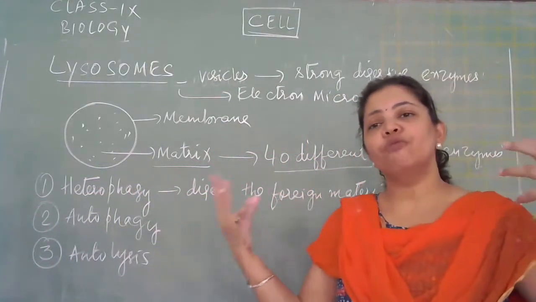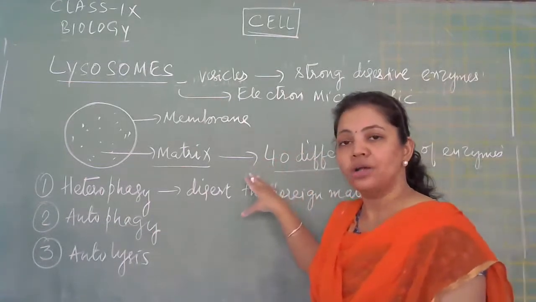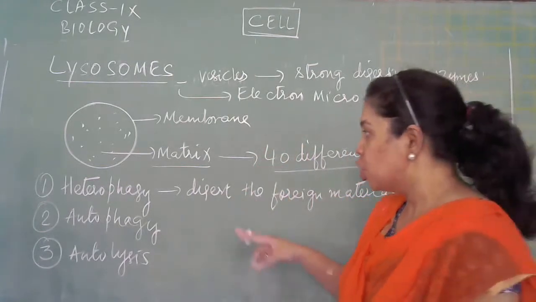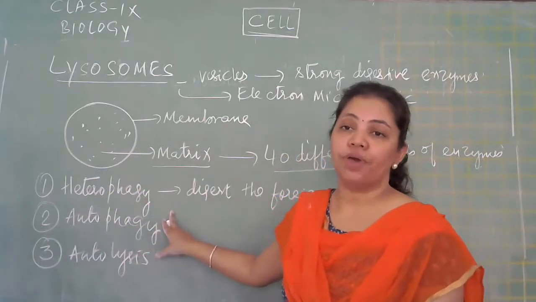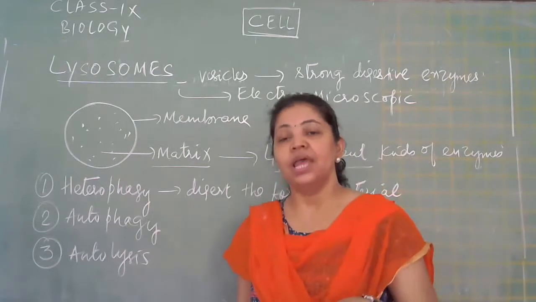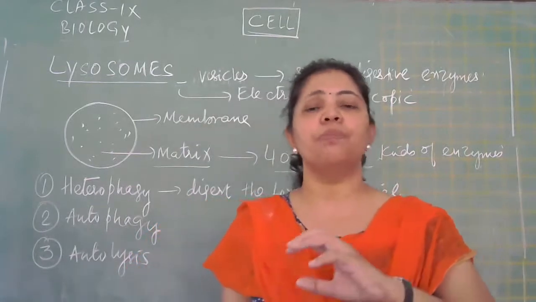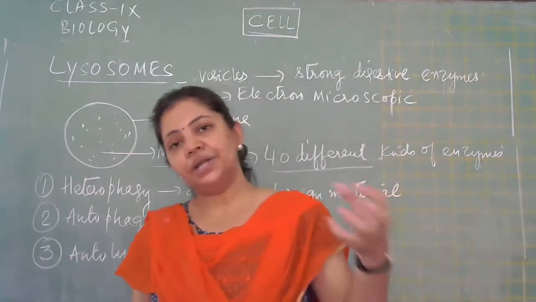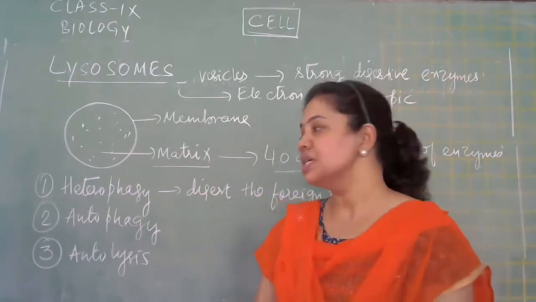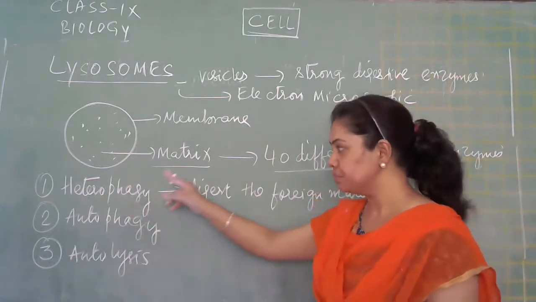Similarly, if any kind of food is entering the cell, then again it will be digested by the strong enzymes present inside the lysosomes. So it is known as heterophagy, meaning when lysosome enzymes digest any foreign material entering the cell, which is not a regular part of the cell, the phenomenon is known as heterophagy, right?